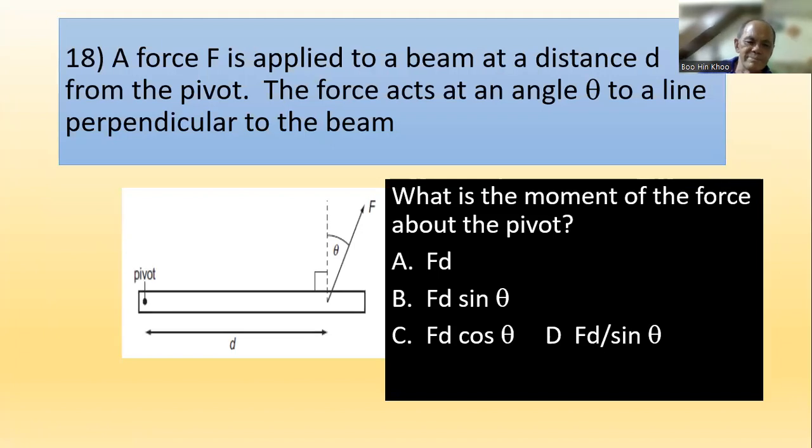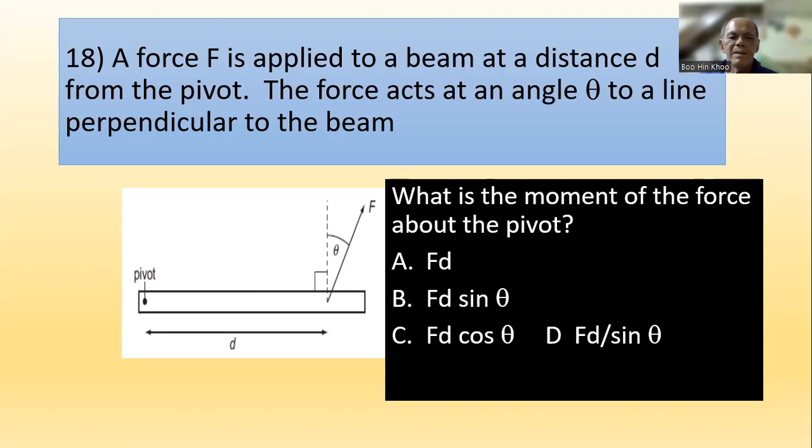What's the answer? Force is applied to the beam at length D from the pivot. This is your pivot, this is your length D. That's your beam. The force is at an angle theta to a perpendicular to the beam.